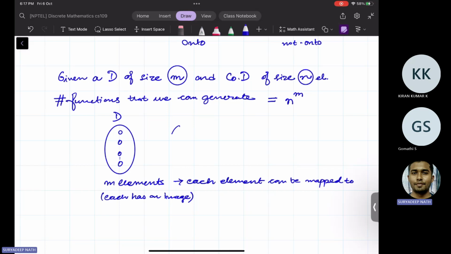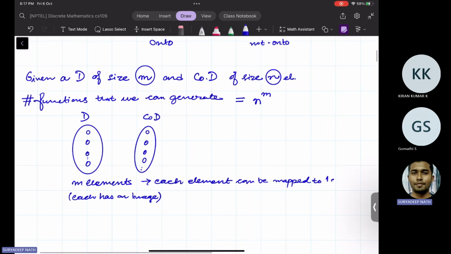So you have this codomain over here. From one element in the domain, you cannot have multiple mappings in the codomain. So each element can be mapped to one element in the codomain, which gives us n options.